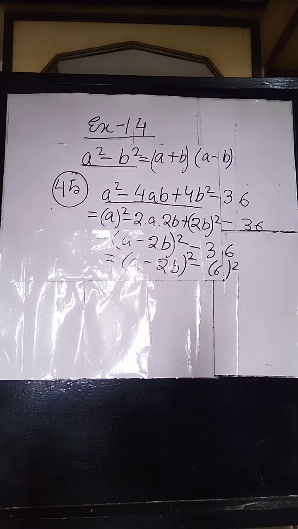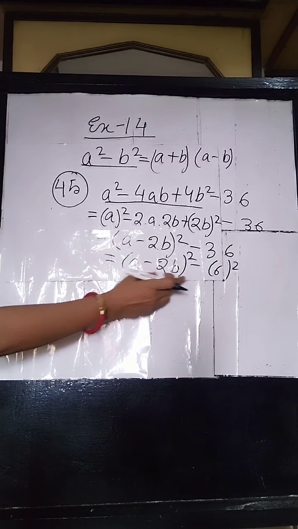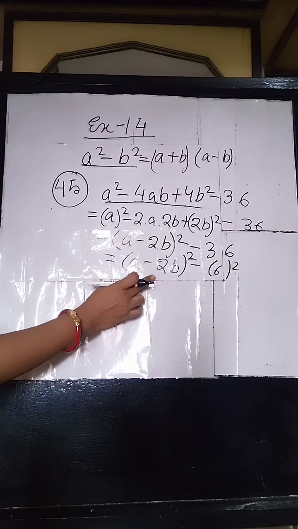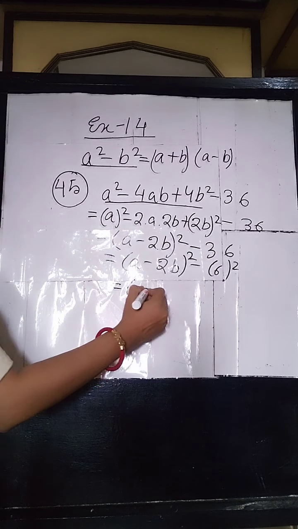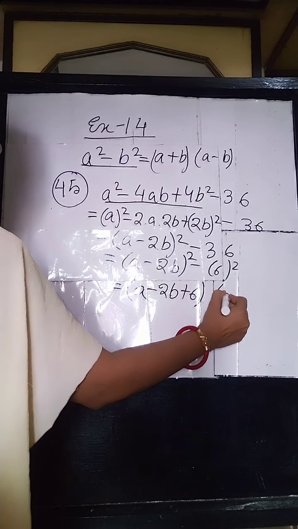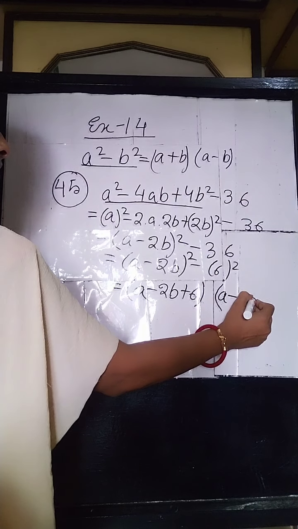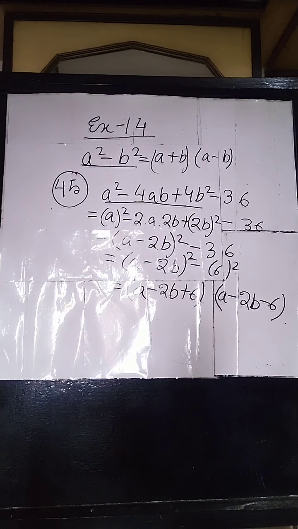Here a means the first term, that is a minus 2b whole square, and 6 is the second term. So first term plus second term, which means a minus 2b plus 6, and a minus 2b minus 6. In this way, sum number 45 is solved.